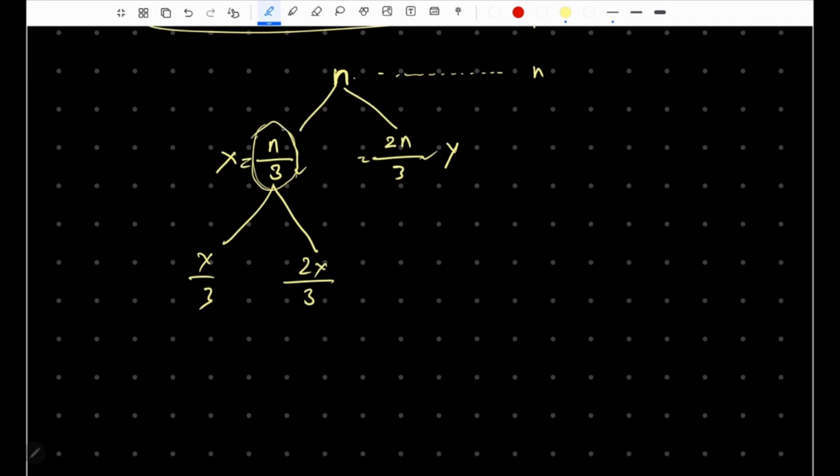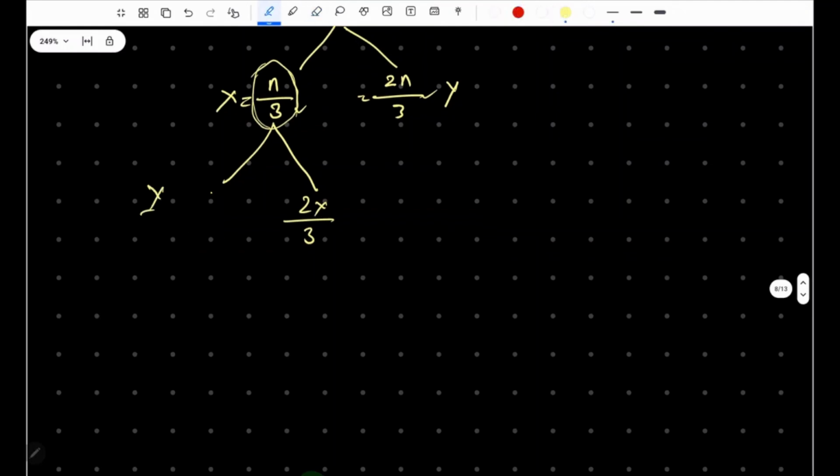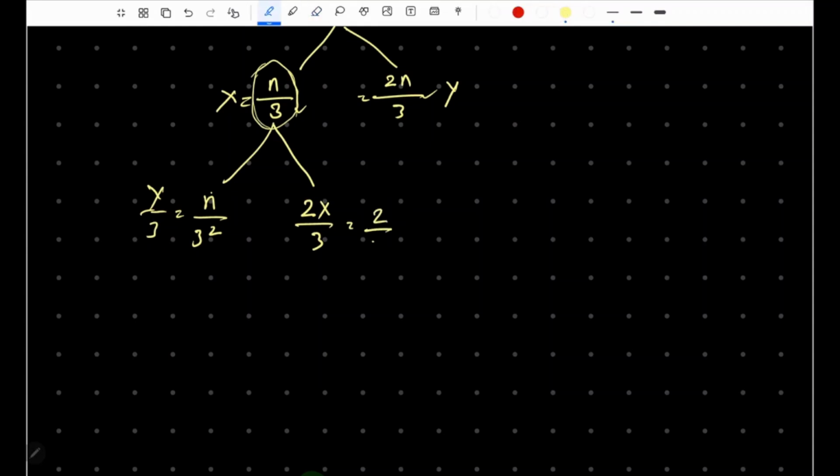If you take x, it will be better for you to understand. So x is n by 3, and x by 3 will be n by 3 square. And 2x by 3 is 2 into n by 3 into 1 by 3, which is 2n by 3 square. So we have got n by 3 square and 2n by 3 square.